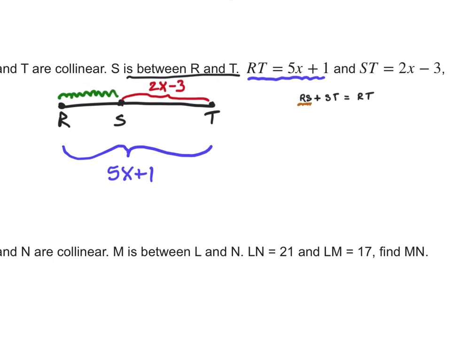I have RS plus ST. ST, they told us, is 2x minus 3, and that is equal to RT, which they said is 5x plus 1. Now it looks like I have an equation. So now all I have to do is combine like terms, do my inverse operations, and I can solve for that one unknown value of RS.